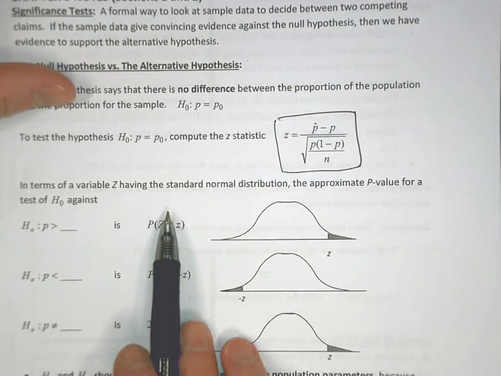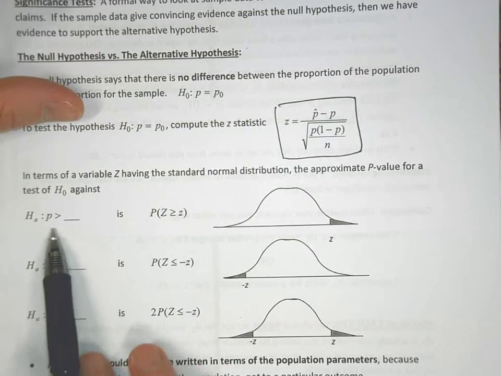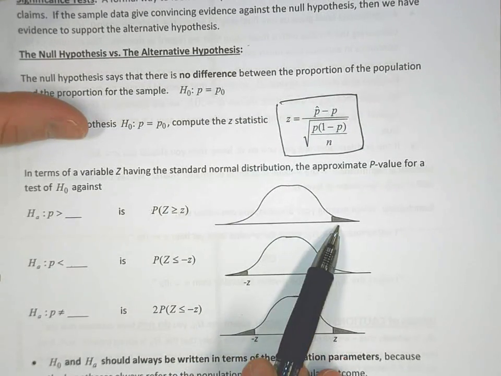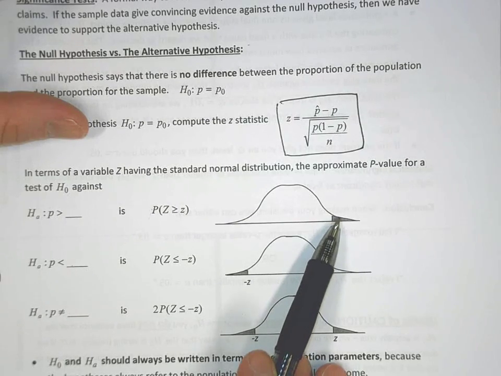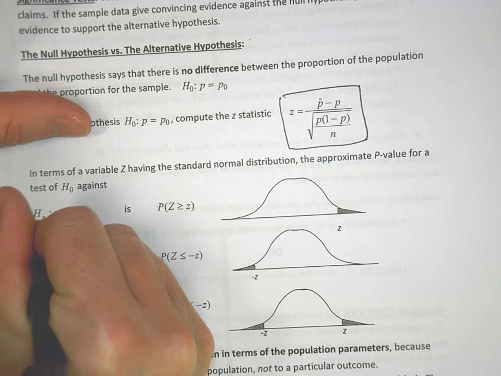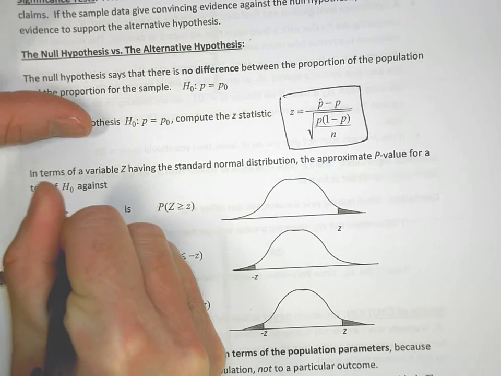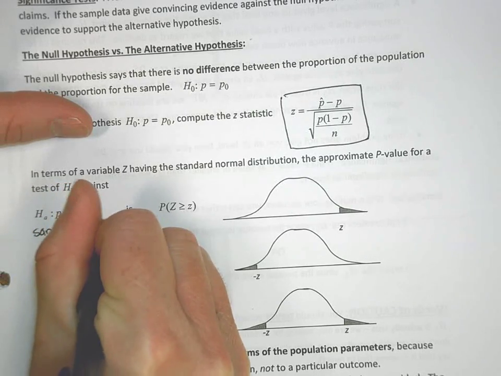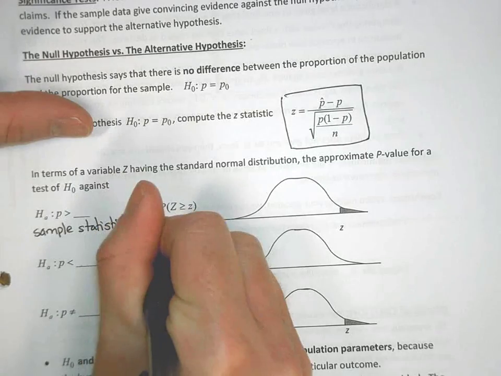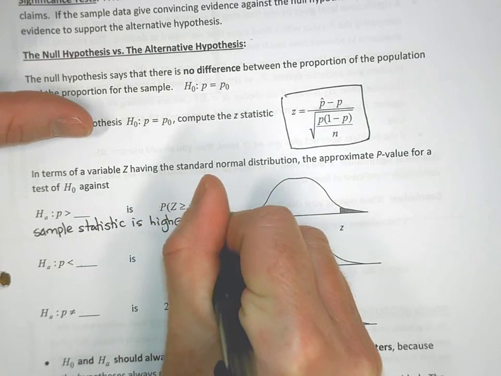In terms of a variable Z and the standard normal distribution, if we're looking for the alternative being greater than, we're going to end up shading the upper part of the curve. So we're thinking that the sample statistic is higher than the population claims.